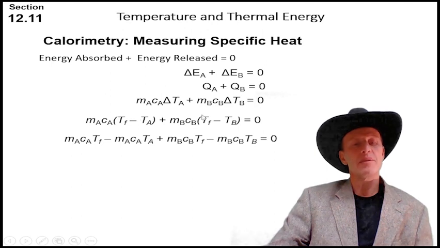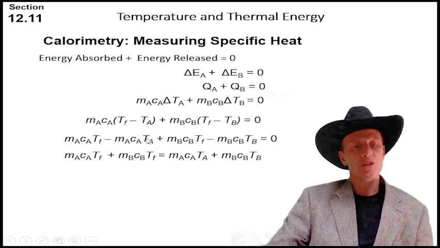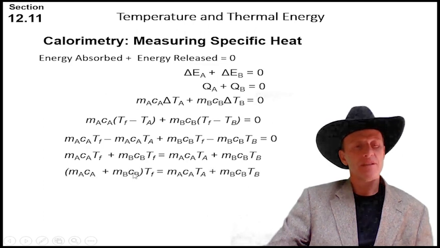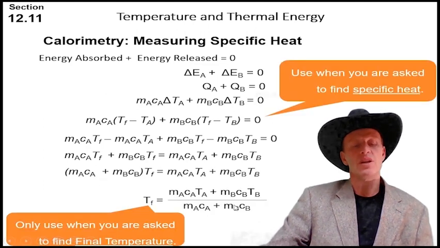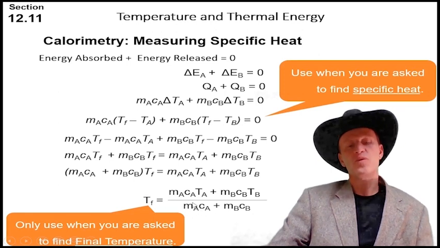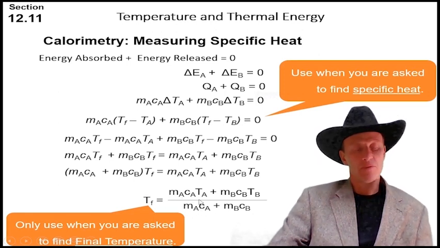But the one data that is the same between the two is going to be that Tf. So if we solve for that Tf by distributing, removing the terms that don't have a Tf, adding them to both sides, and factoring out that Tf and dividing by the coefficient, we end up with a formula for Tf. Now this formula is a big formula.